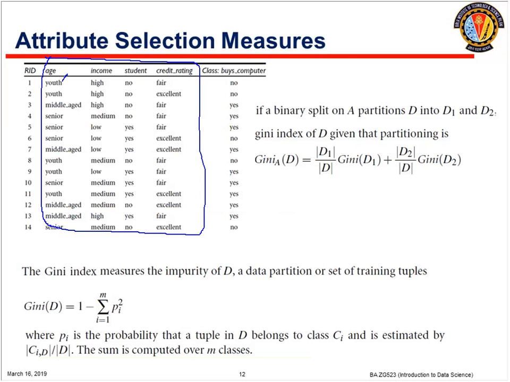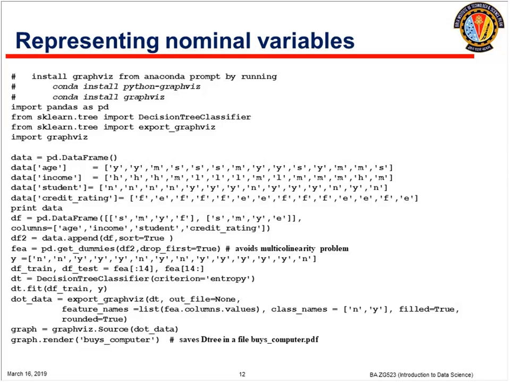For youth I'm using Y, for middle age M, for senior S, for the age attribute. For income I'm using H, M, L, the first character. For student N, N, Y, for credit rating F, E, and for class I'm using N or Y characters. So I'm using just characters here.